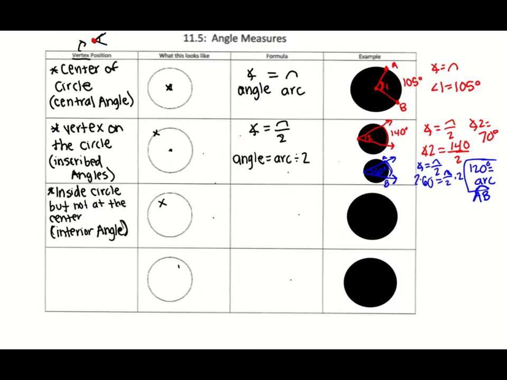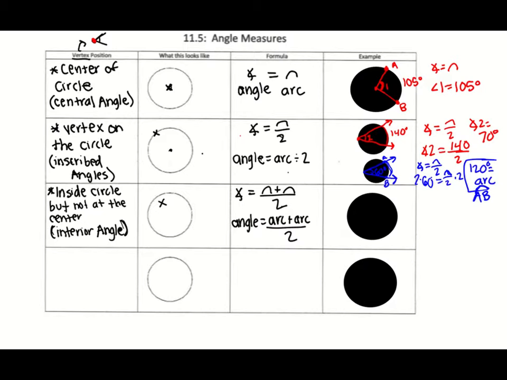An example here would be our vertex of our angle right there. Now, our formula for this: our angle with our vertex inside but not at the center is equal to our arc plus arc over 2. In words, our angle equals arc plus arc over 2.